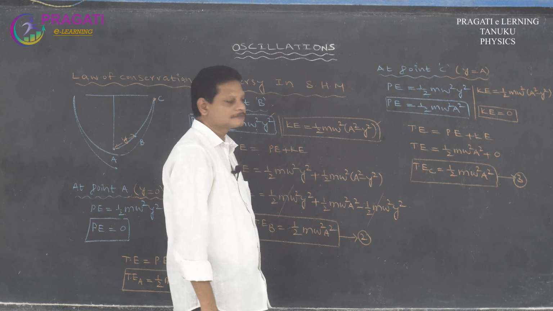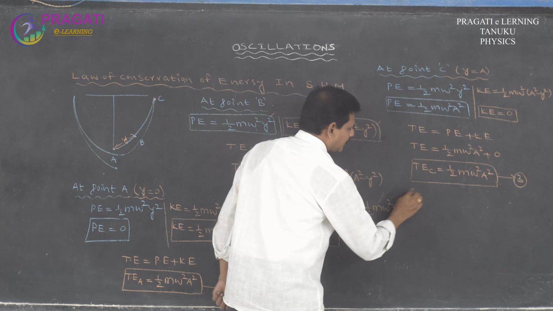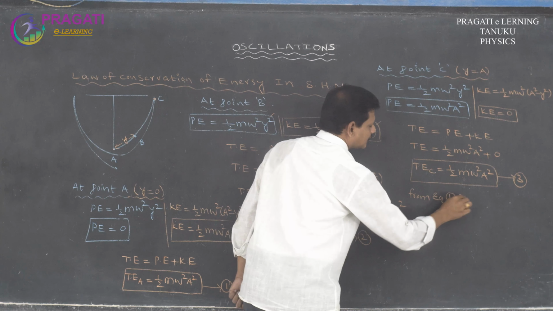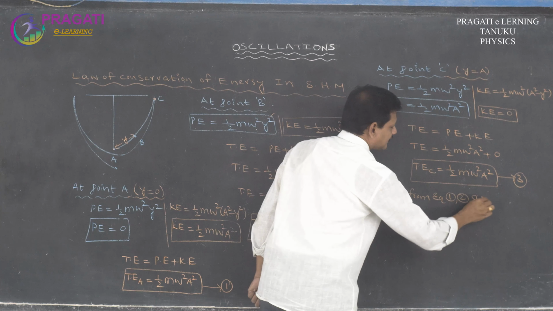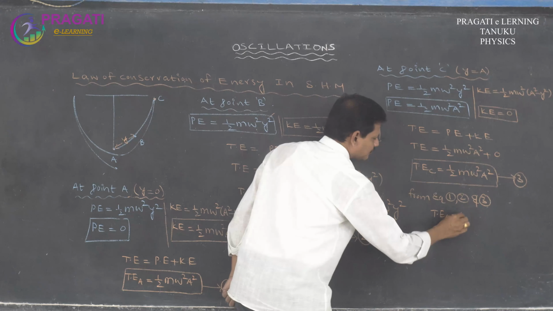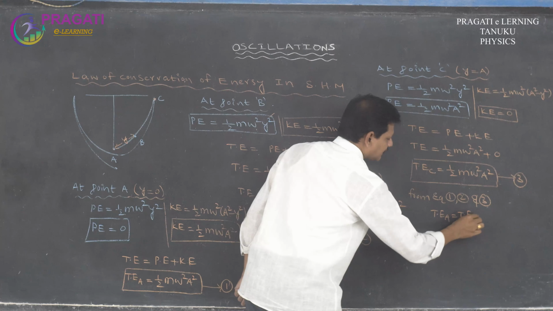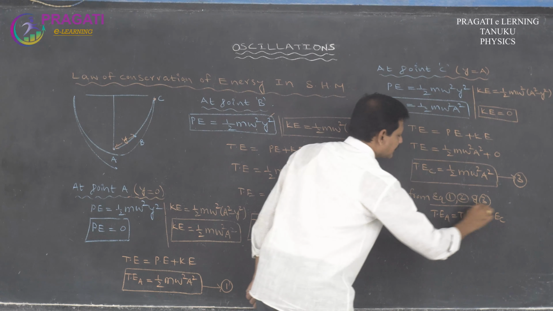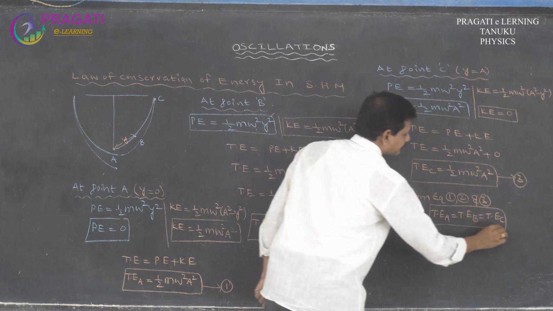Okay? So from equation 1, 2 and 3, total energy at A equal to total energy at B equal to total energy at C. Okay?